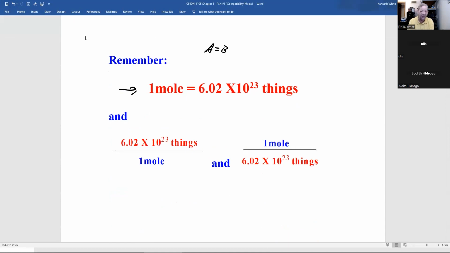By the way, 1 in 1 mole is a defined number, and that's an exact number, where 6.02 is 3 significant figures. But when I have two things equal each other, I can have 2 ratios, A divided by B, and a second ratio, B divided by A. And this is very important.